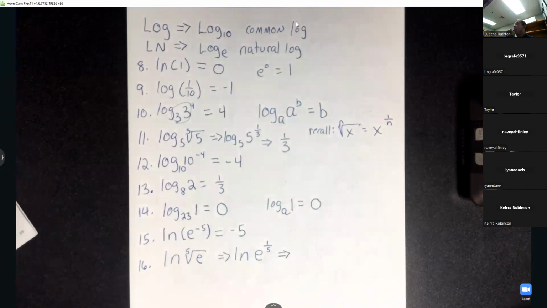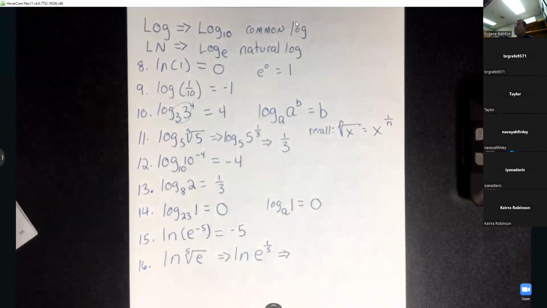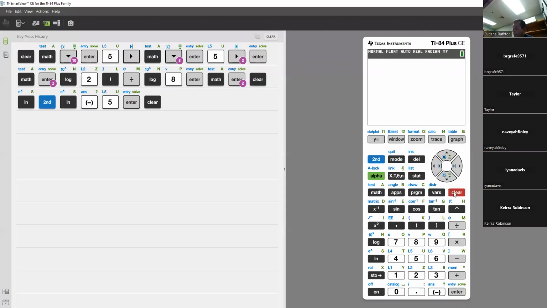Now y'all watch this. If you don't want to convert that radical, so let me clear out. So I got my ln, I would hit my ln. To get that 5th root, when you want to do any root that's higher, you see down here, option number 5 has an x and then a radical.